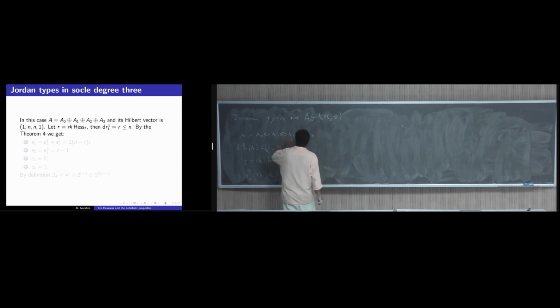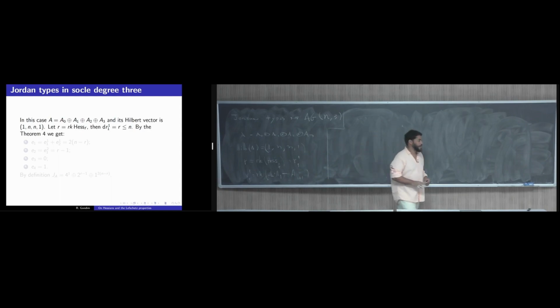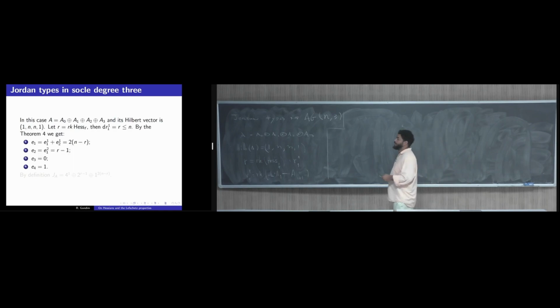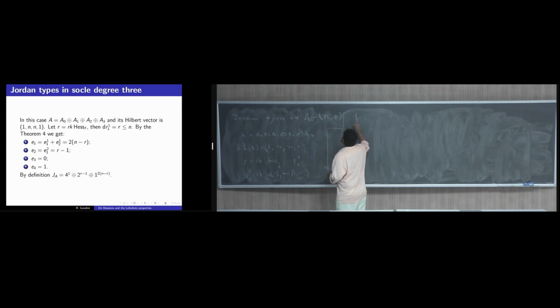It's the rank of the Hessian. Using the formula given in theorem 4, we get these numbers, which give us this Jordan type.